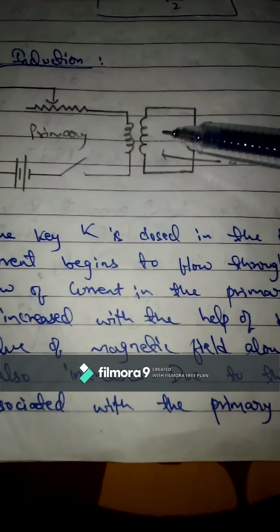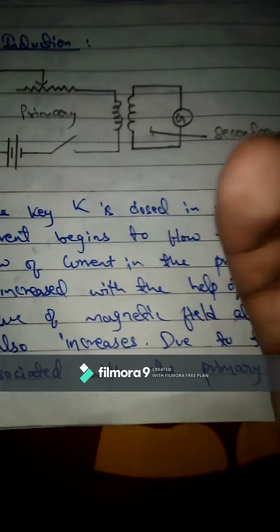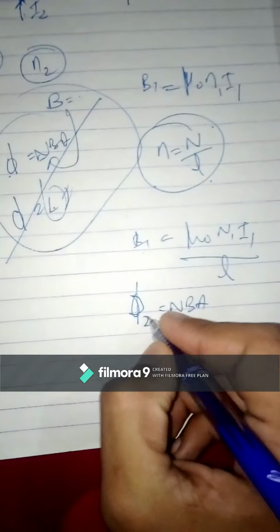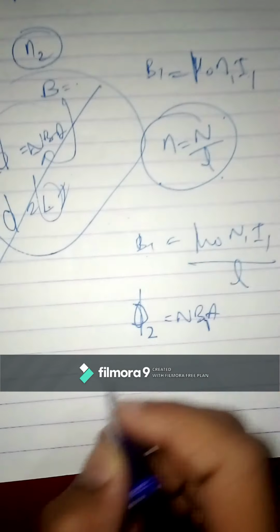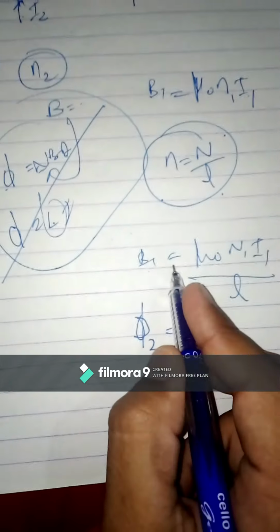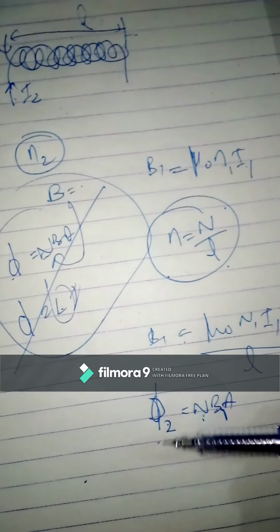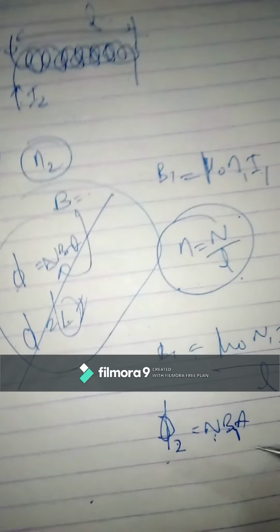So we are basically talking about the secondary coil when we are talking about flux. So we'll calculate phi 2 equal to N B1 A. We'll use B1 of this, and phi 2 because we are talking about the flux of the secondary, basically the flux associated with the secondary coil when the current flows through the first solenoid.